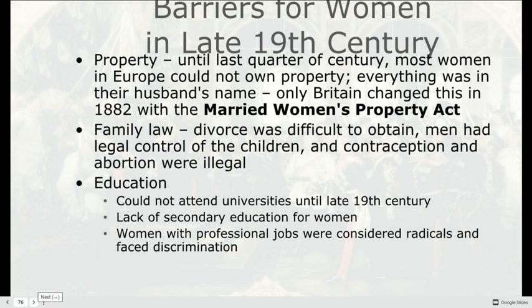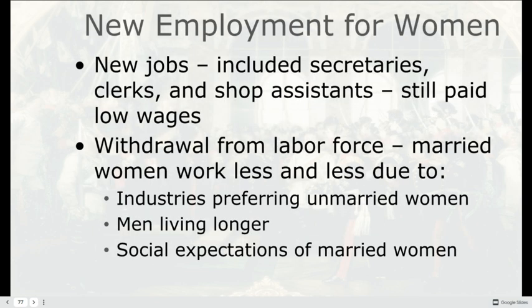Men had control over their children, and birth control, in various forms, was illegal. There's also a lack of secondary and college education for women until the late 19th century. And women who did hold professional jobs were considered radical.